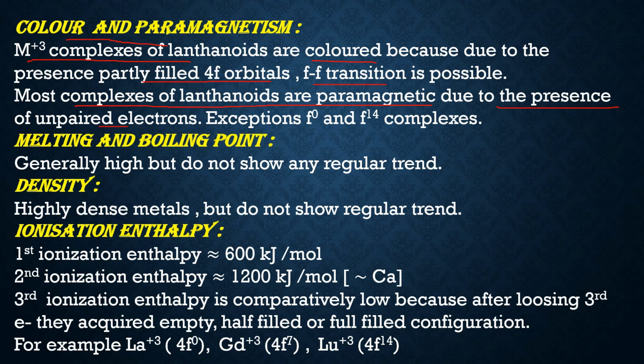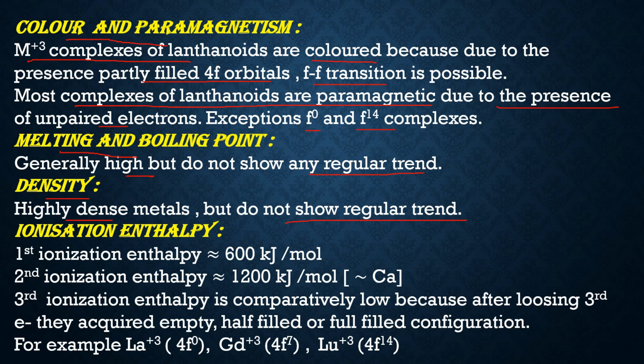Only the complexes with f0 and f14 configuration have diamagnetic character because there is no unpaired electron present. The next property is melting and boiling point. Generally, their melting and boiling points are high, but there is no regular trend. Next is density. They are highly dense metals, but again density does not show any regular trend.